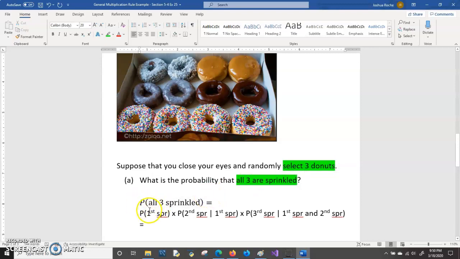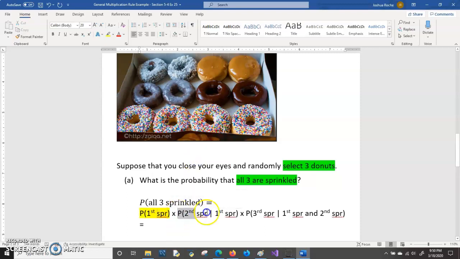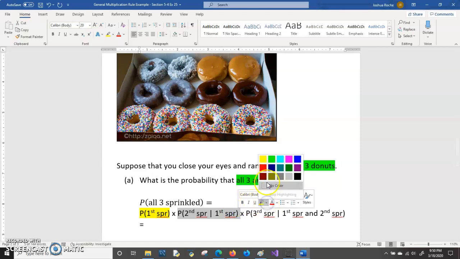This is the formula written out: the probability the first one is sprinkled times the probability the second one is sprinkled, given that the first one was sprinkled, times the probability the third one is sprinkled, given that the first 2 were sprinkled. It's written out for picking out 3 donuts in this case, and there are those conditional probabilities in there.